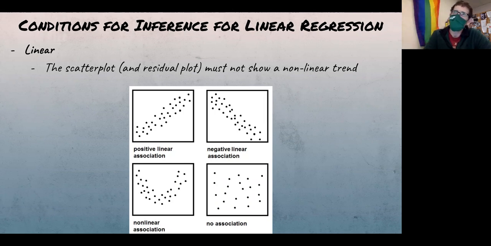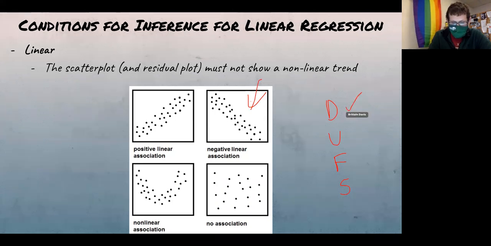So if you remember, when we were doing this before, I asked you to review Unit 3. We had DUFs, and this is how we can describe the relationships. Like here, we would say this is a negative. That's your direction. The unusual features, I don't see any outliers or anything. The form of this is linear.